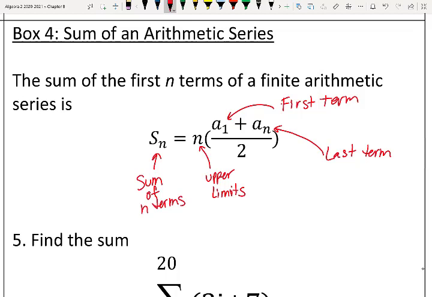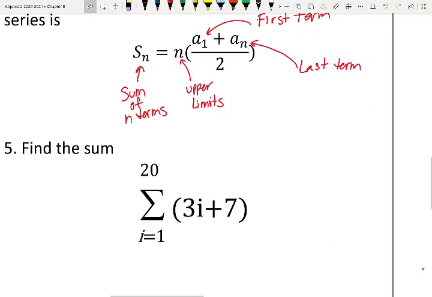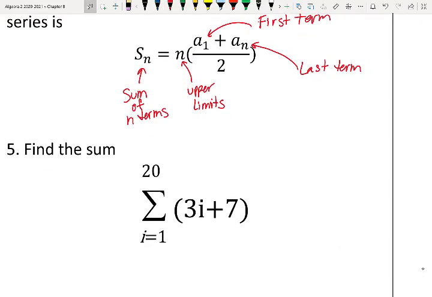So in the one that we're going to be doing here, we have to find the first term of this series and the 20th term of this series to find the sum of the 20 terms. Again, the only time we can do this is if we recognize that my index is arithmetic. So 3i plus 7 is an arithmetic sequence. So that series can be found using this particular formula.